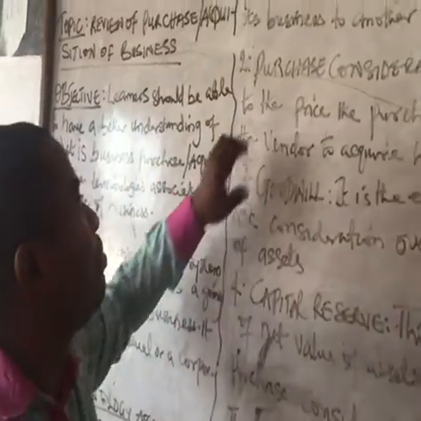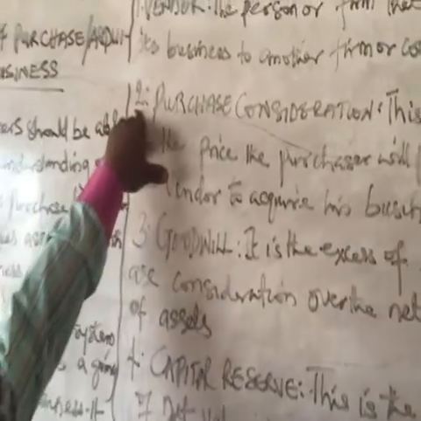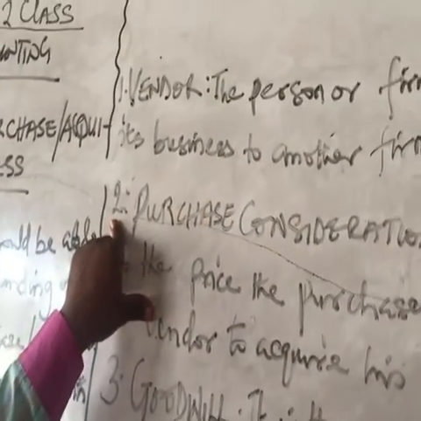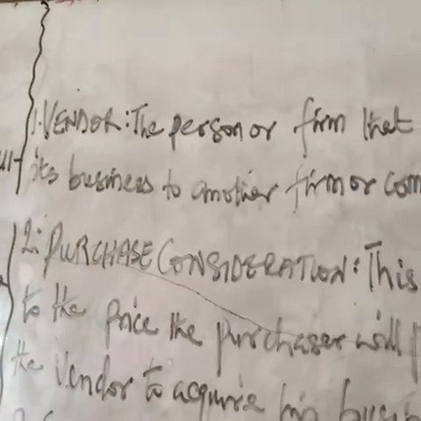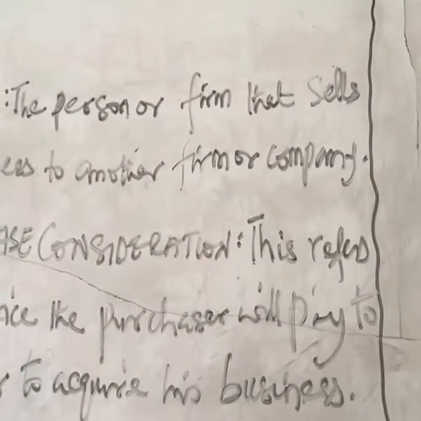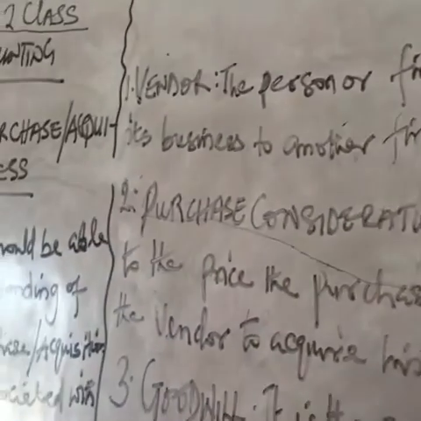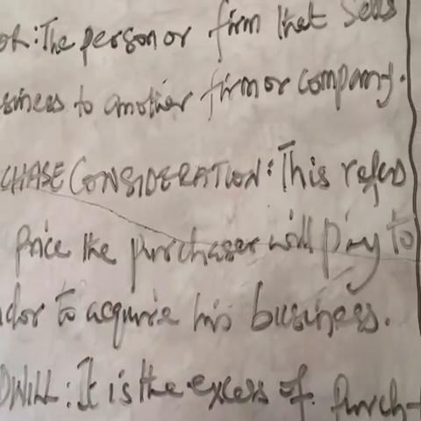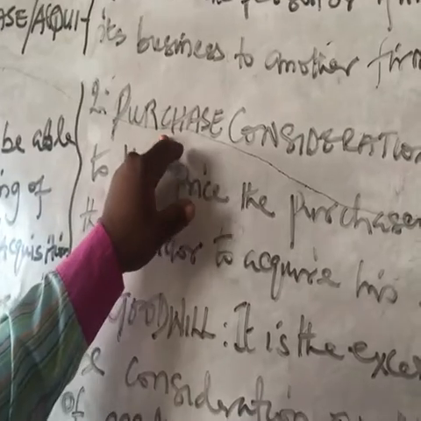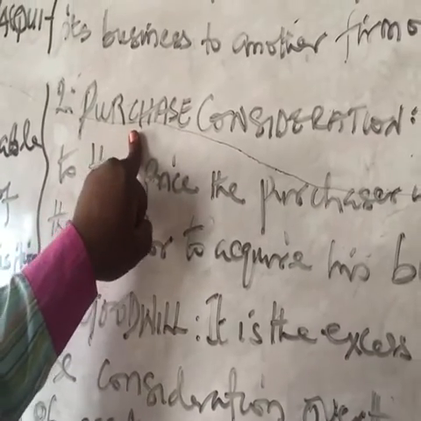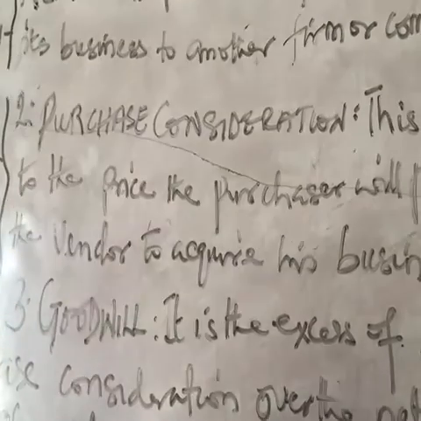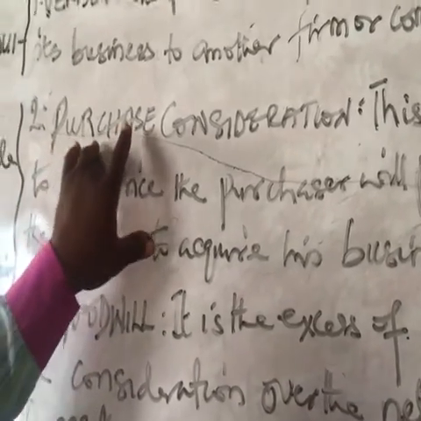Now, secondly, I have here purchase consideration. How much is a person willing to pay for an ongoing business? That is the price the person is willing to pay. It's called the purchase consideration. Whatever is agreed that will be paid to acquire the company becomes the purchase consideration.